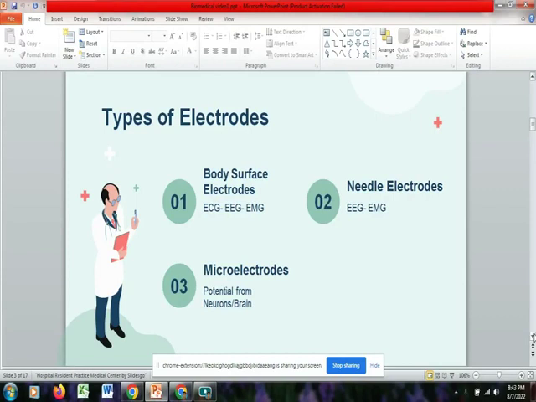The second type is needle electrodes, which can be used to measure EEG and EMG signals. Microelectrodes are used to measure the potential from neurons or brain cells, and they are directly inserted into the cells. We will discuss them one by one, along with the applications of each type of electrode.